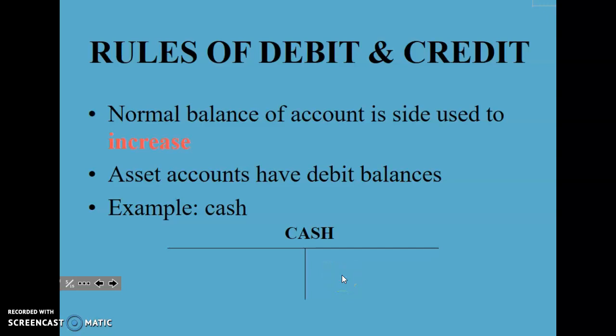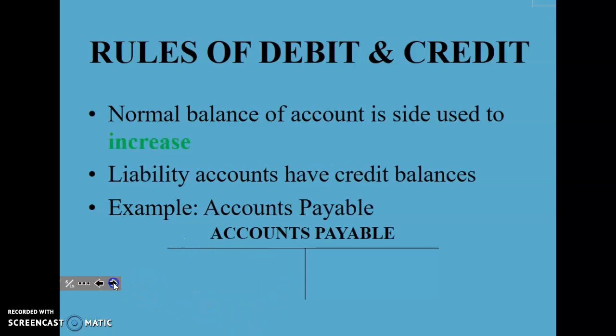But all asset accounts have debit balances. So, for example, for cash, debits would increase on the left side. And for accounts payable, the normal balance of an account is the side used to increase.